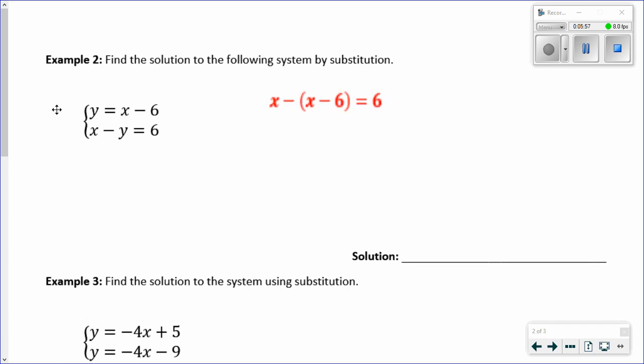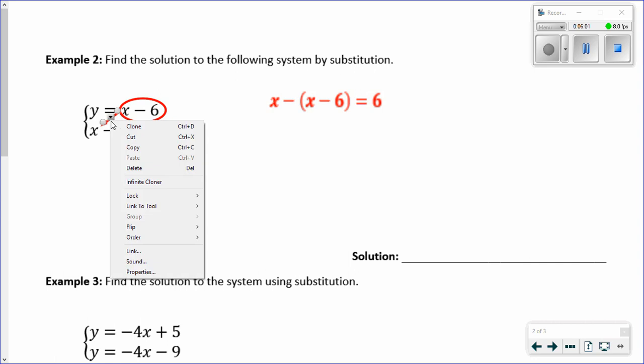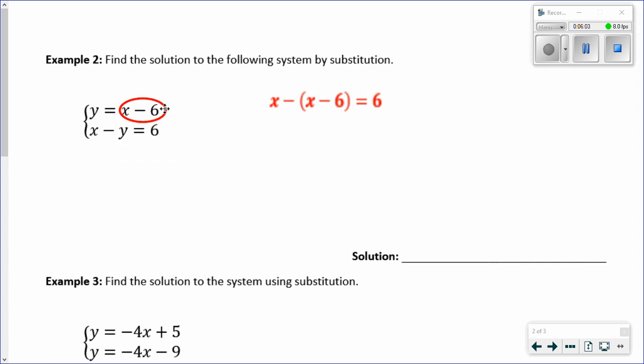Yeah, I did. Okay, I'm going to take what it equals and plug it in for the y. So I have x minus 6. So I'm going to distribute that -1. So I get x minus x plus 6 equals 6. Then I can combine my like terms, and they actually cancel out, and I'm left with 6 equals 6.